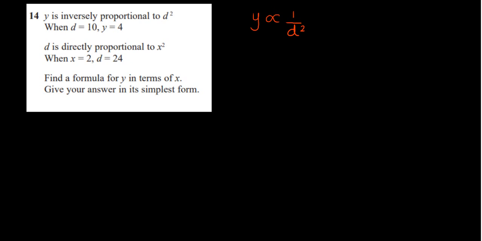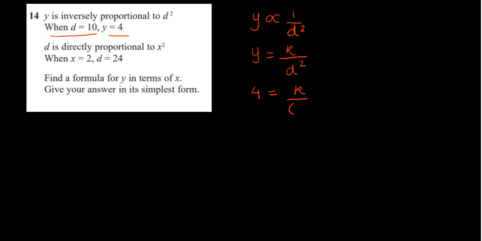Okay, so then I can form a sort of relationship. So y is equal to a constant divided by d squared, and I need to find the value of that constant. It says when d is equal to 10, y is equal to 4. So I'm going to substitute those values. y will be 4. That's going to be k divided by, and d was 10, right?